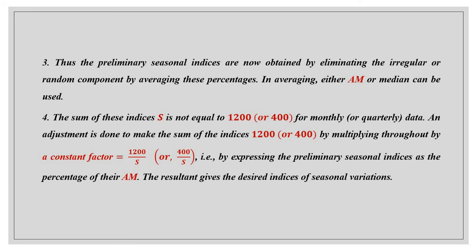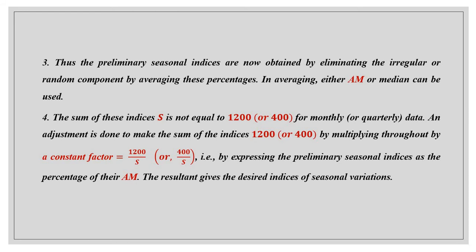Thus, the preliminary seasonal indices are now obtained by eliminating the irregular or random component by averaging these percentages. Either arithmetic mean or median can be used. The sum of these indices, S, is not equal to 1200 for monthly data or 400 for quarterly data.